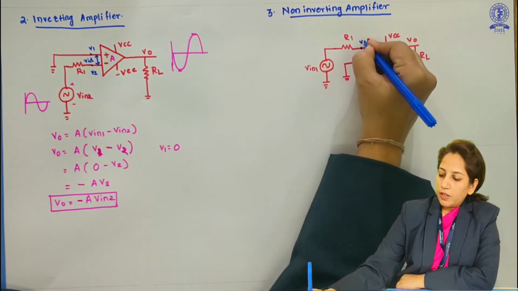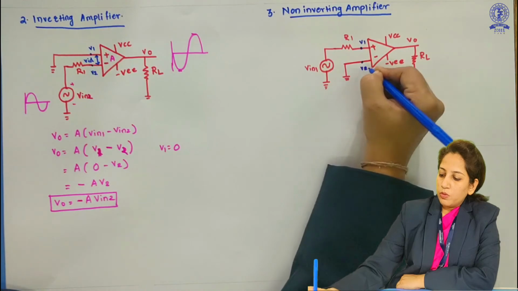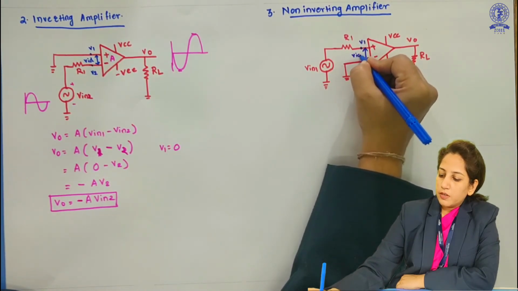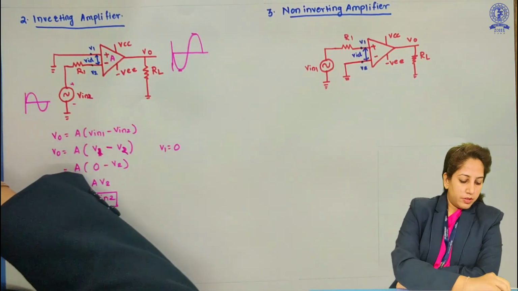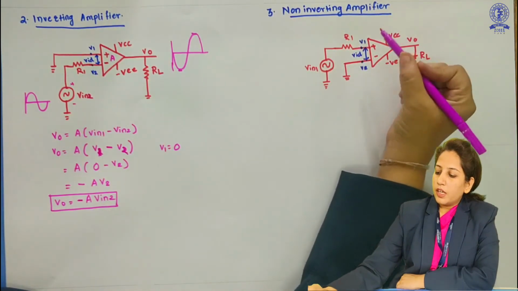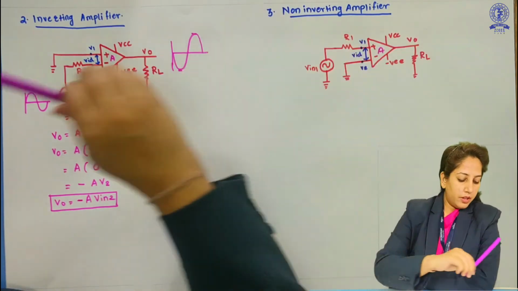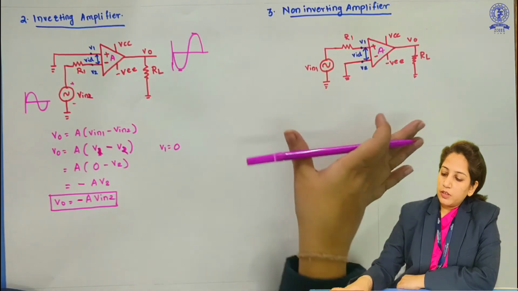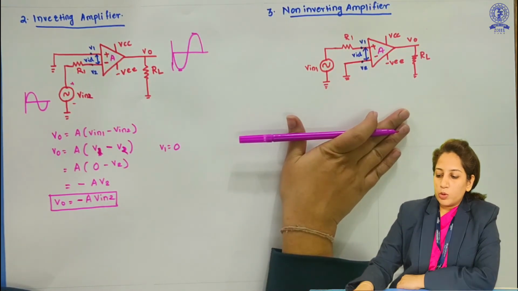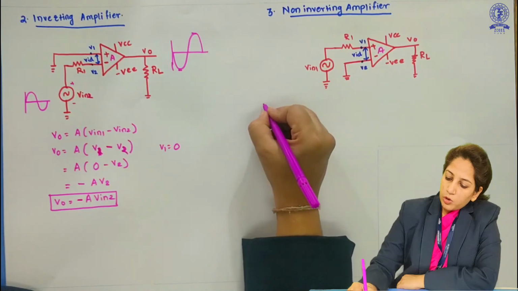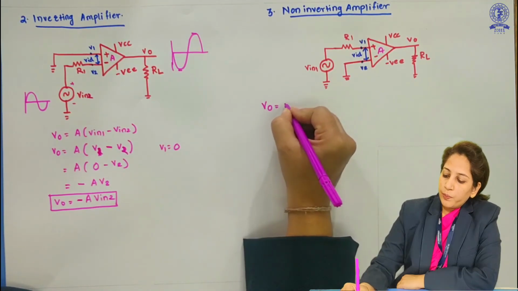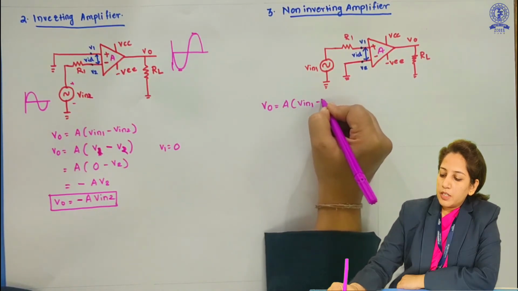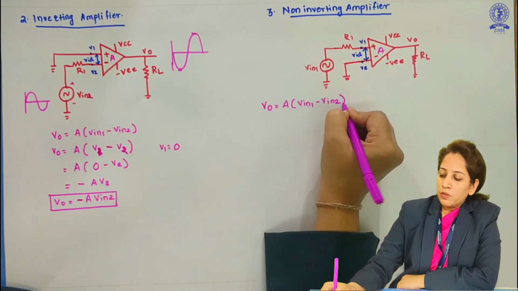So suppose this is V1, this is V2, and VID is the difference of voltage given here. Gain of the amplifier will be A. Now let's derive a formula for the non-inverting amplifier also. As we know, output voltage V0 is equal to gain into V in 1 minus V in 2.